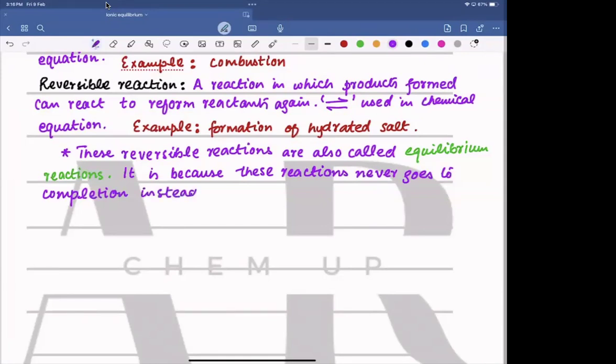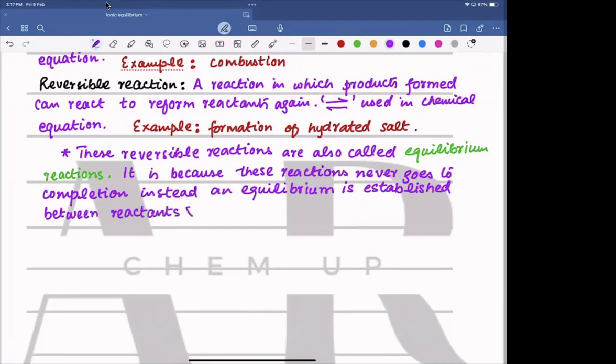Instead, an equilibrium is established between reactants and products.